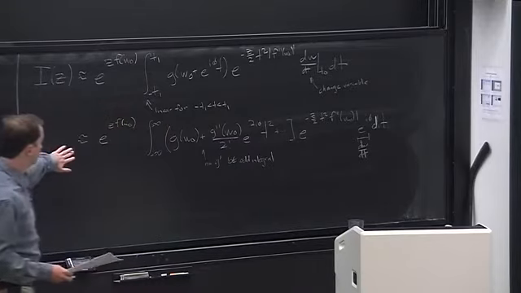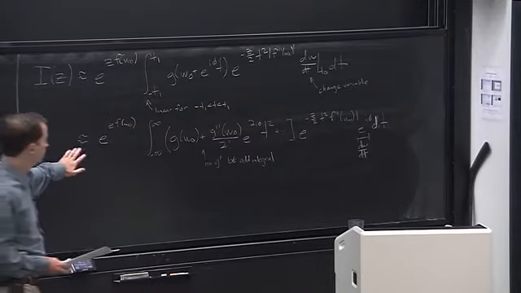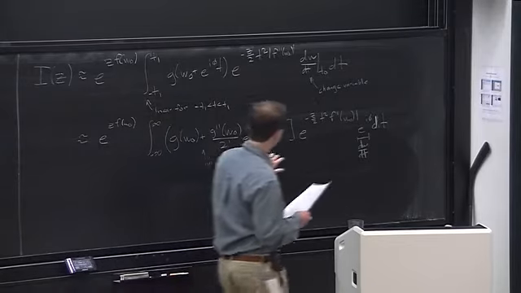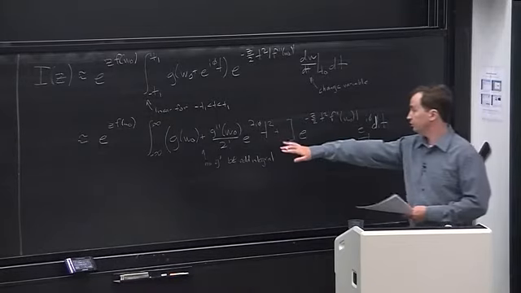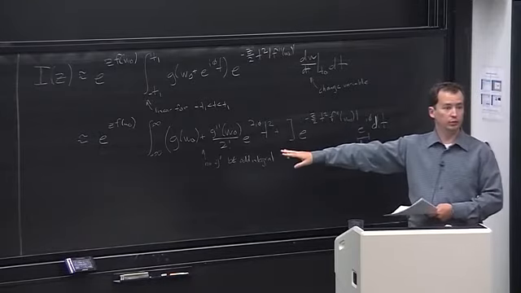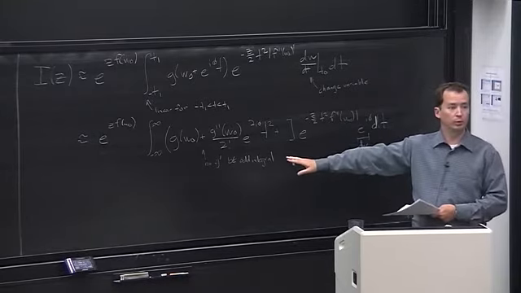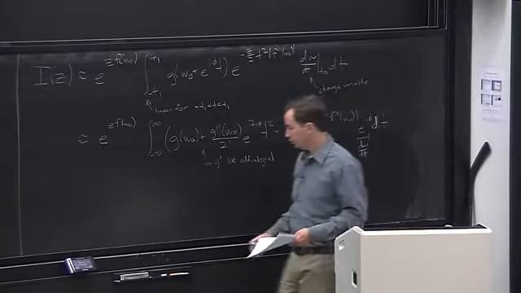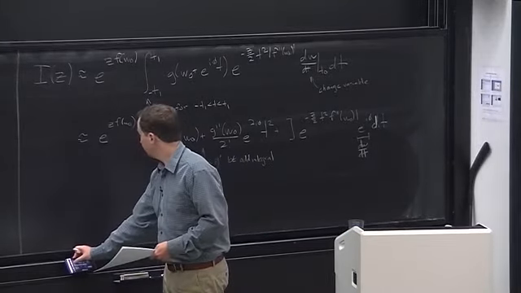And this integral is now of precisely the same form that we had before. Here t is a real variable. So we've basically reduced it to the same form we had yesterday when we did Stirling's approximation.